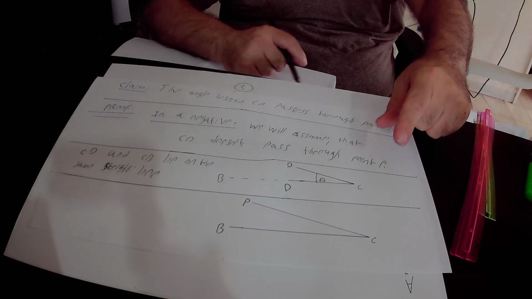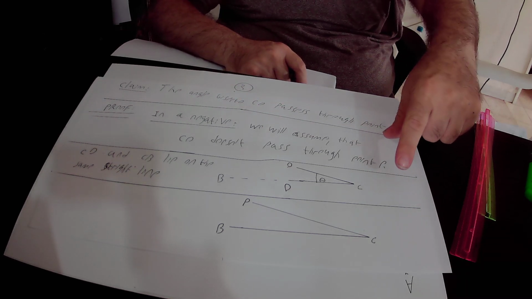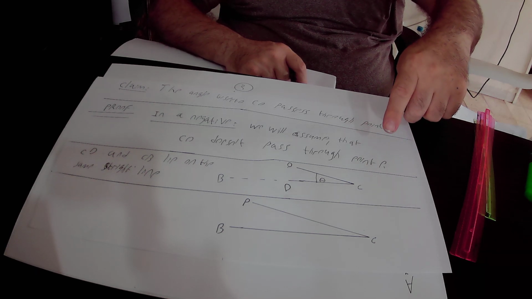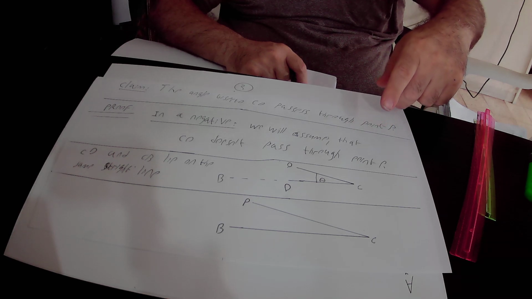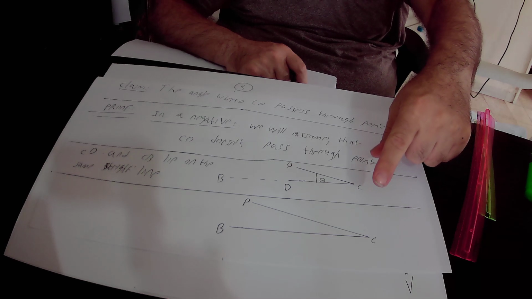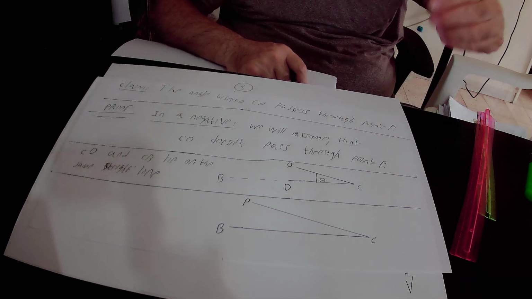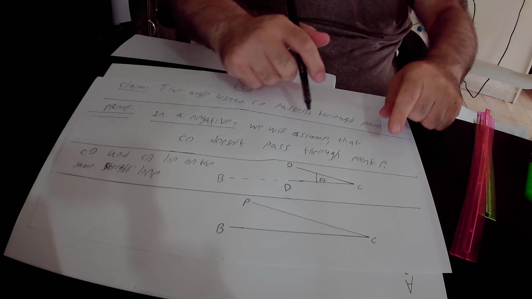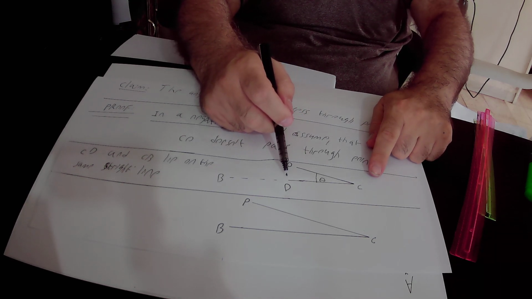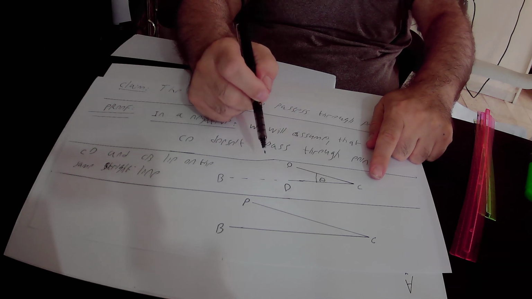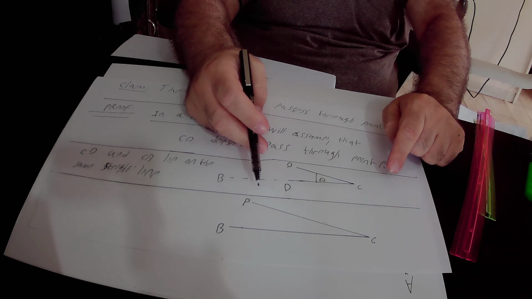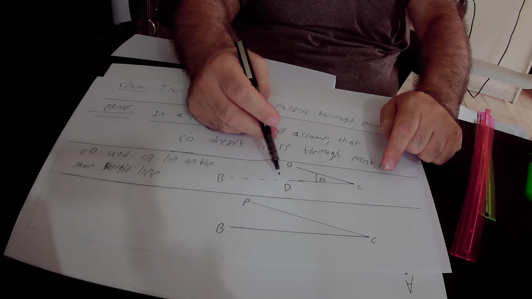So in these two angles, we have one leg that lies on the same straight line. That is to say, leg CD and leg BC are both lying on the same straight line.